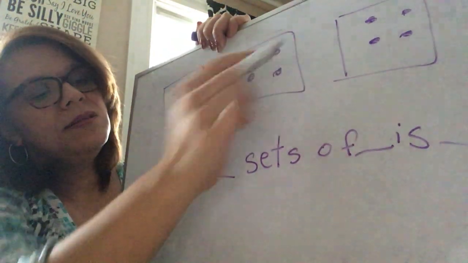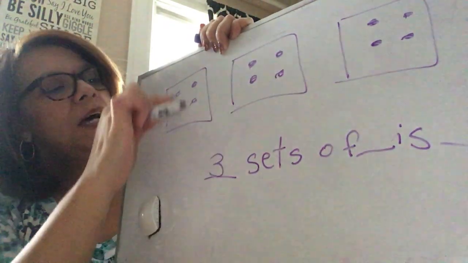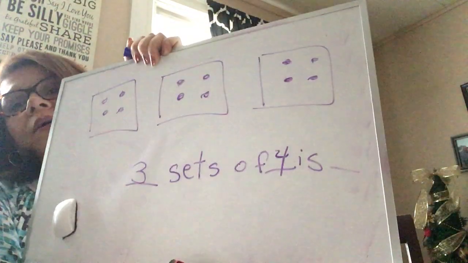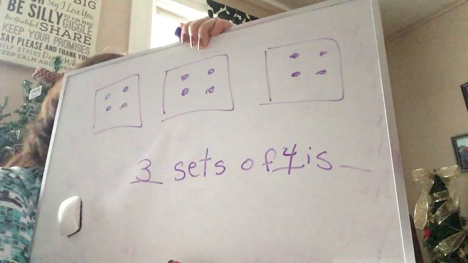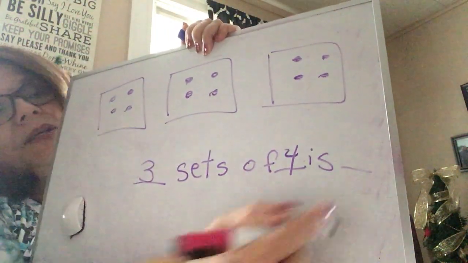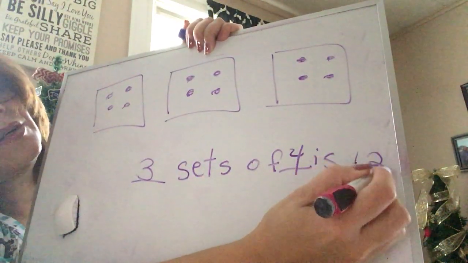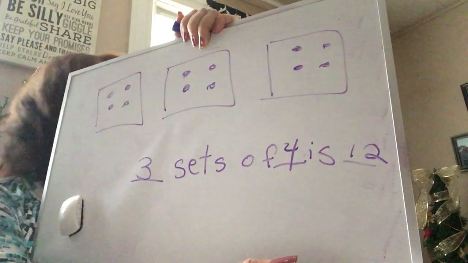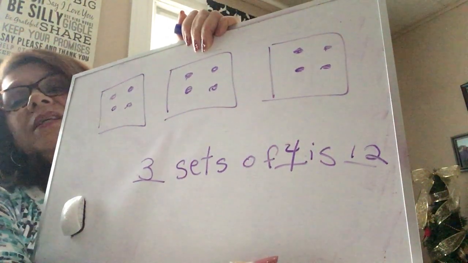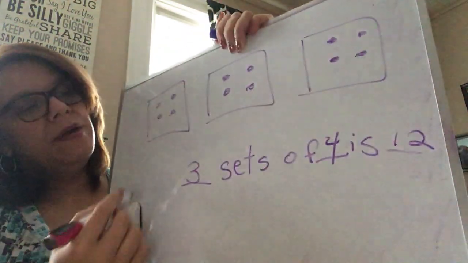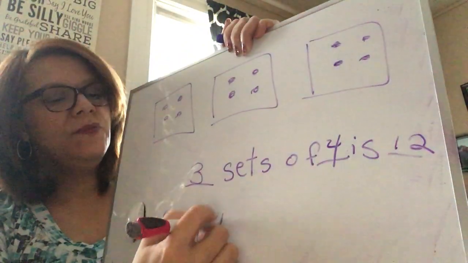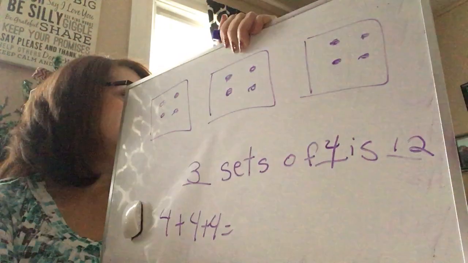How many sets? There's 3 sets. How many in each one? 4. 3 sets of 4 is, if you say 12, you are correct. So repeated addition is what? 4 plus 4 plus 4 equals 12.